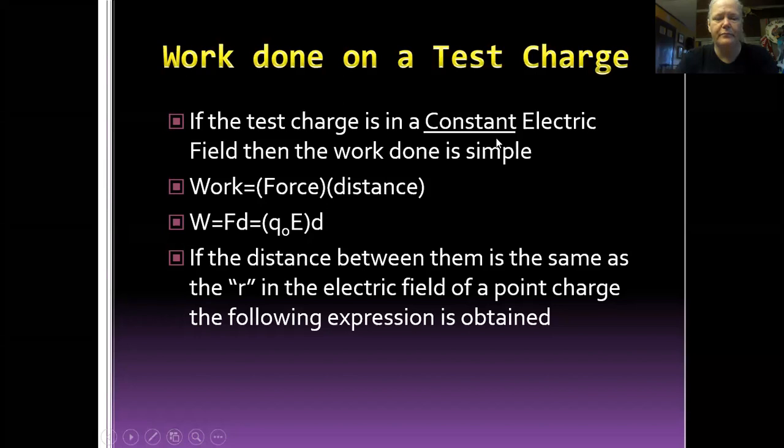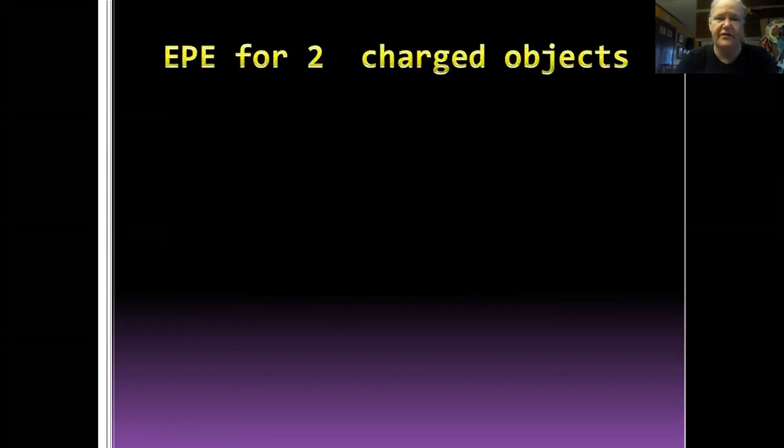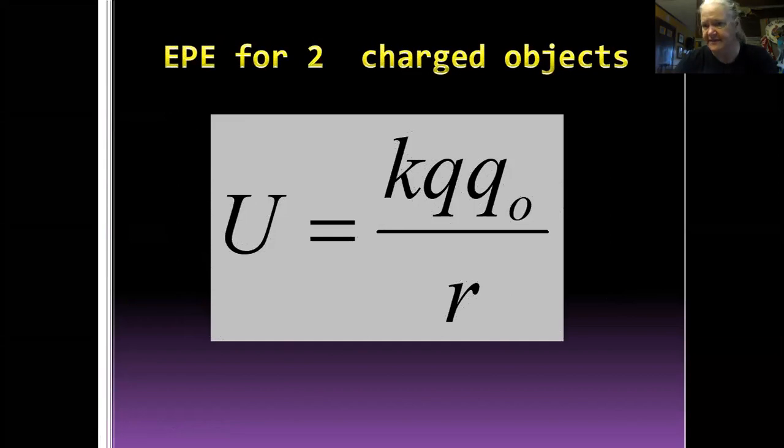Okay, so if I know the force is caused by the electric field, then I can take the formula from the last set of notes for a constant electric field, which is the test charge times the constant electric field. Then my displacement would be in there. Now, I can go back and remember what the electric field of a point charge looks like, and put that in for E in this equation. If I do that, I get a formula that looks like this.